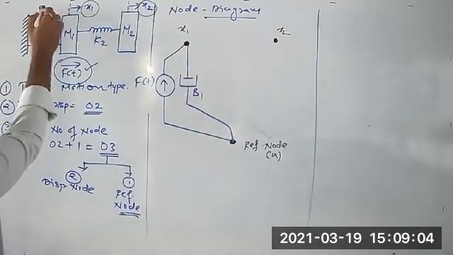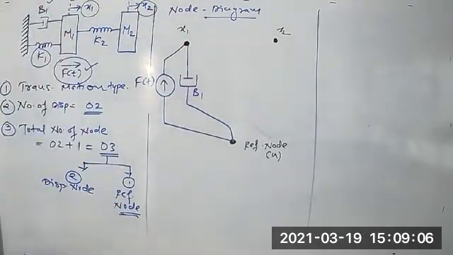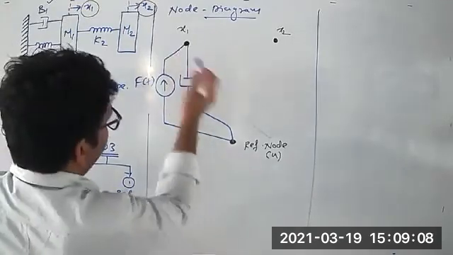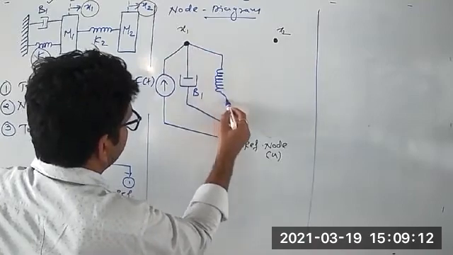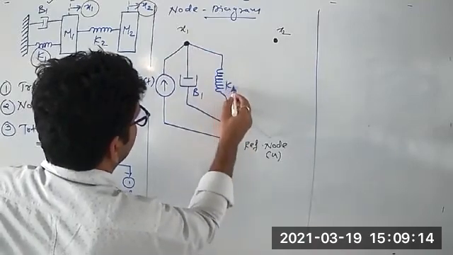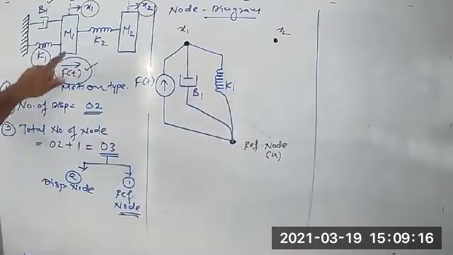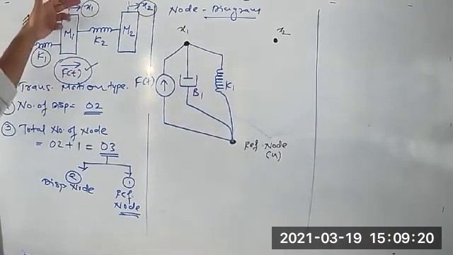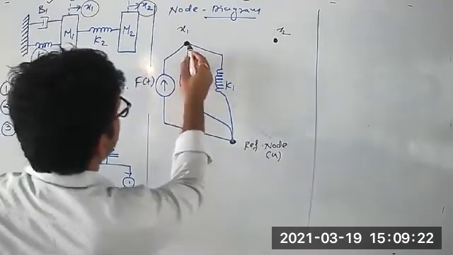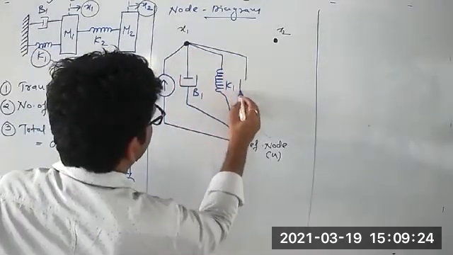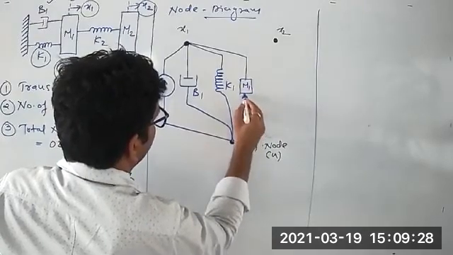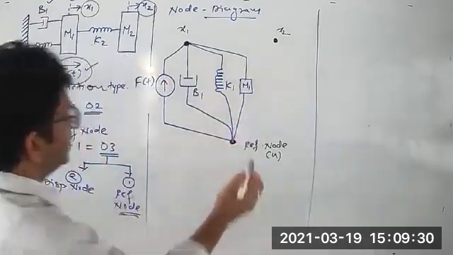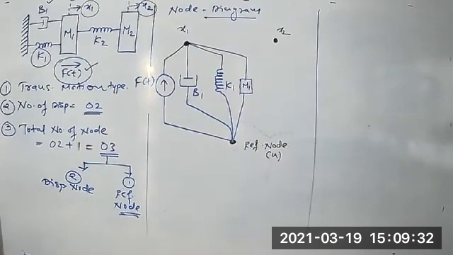Then we need to indicate spring constant K1 again in between the first displacement node and the reference node. Then we have mass component M1 in between the displacement node and the reference node.